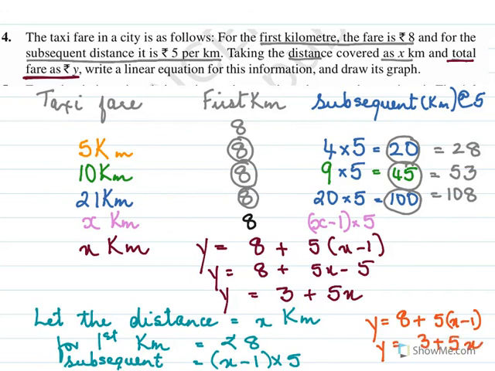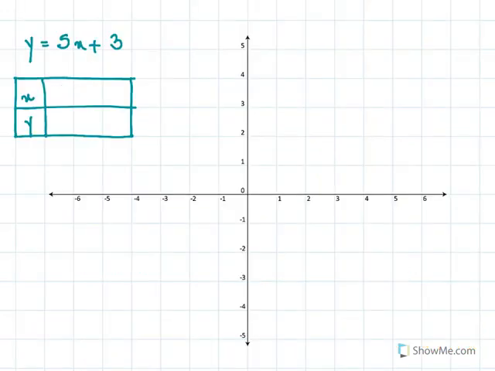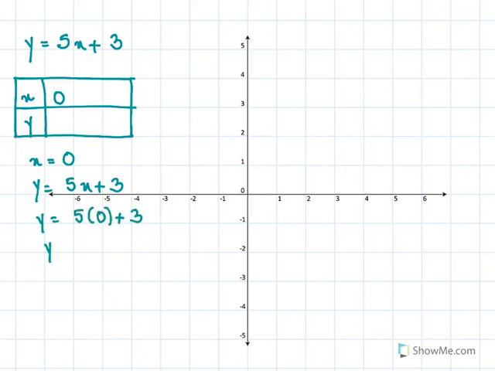Now we have to go ahead and plot this graph. So here is the equation. Let us take x equal to, say, 0. So your y is 5x plus 3. Your y will be 5 into 0 plus 3.